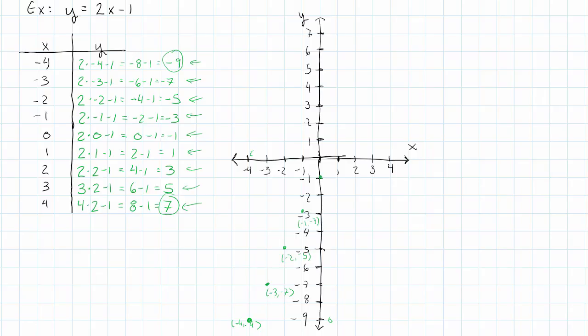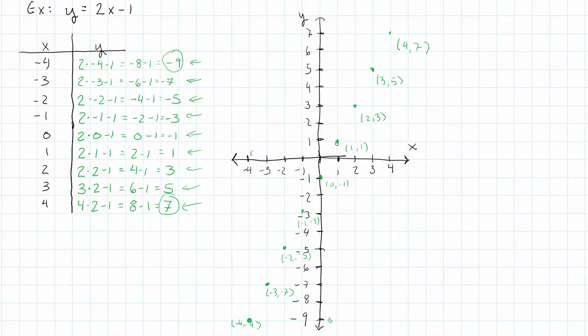X is 0, y is negative 1. X is 1, y is 1. X is 2, y is 3. X is 3, y is 5. X is 4, y is 7.